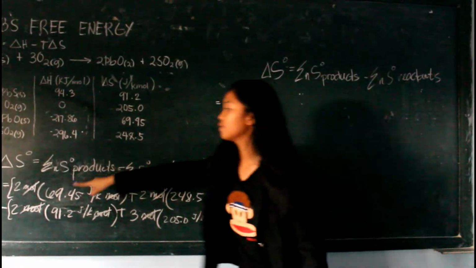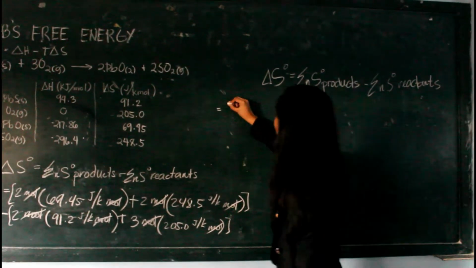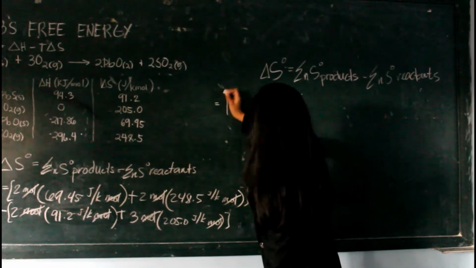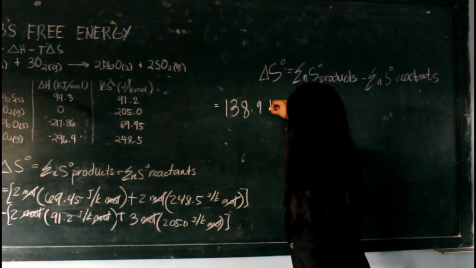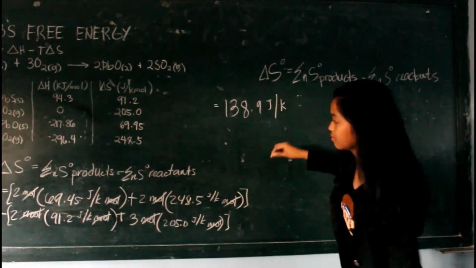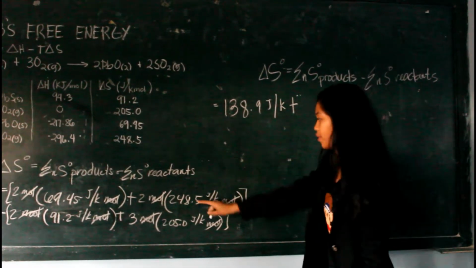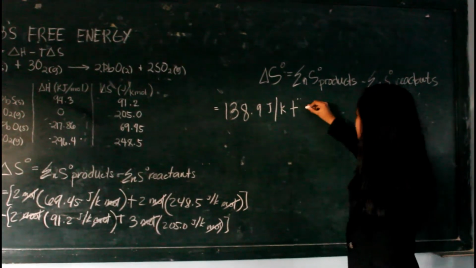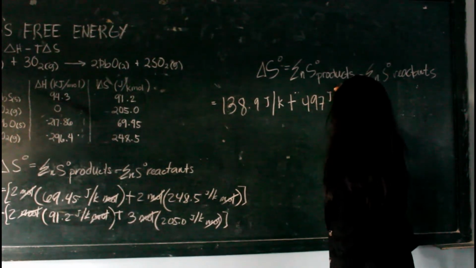So 2 moles times 69.45 is equal to 138.9 joules per Kelvin, plus 2 moles of 248.5, 497 joules per Kelvin.